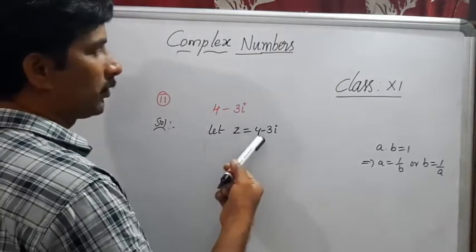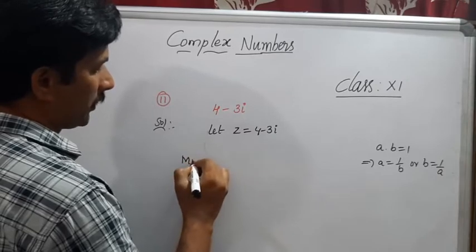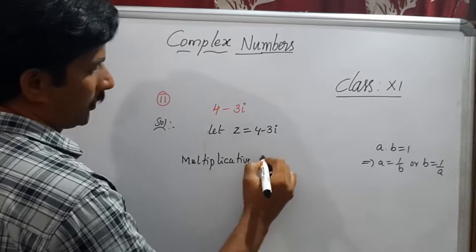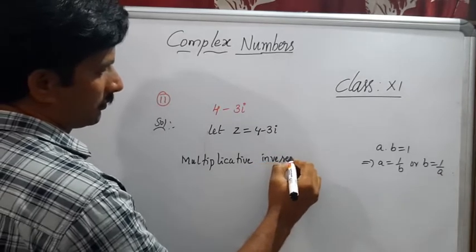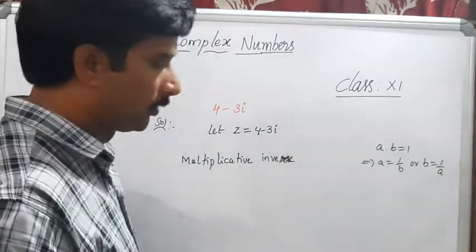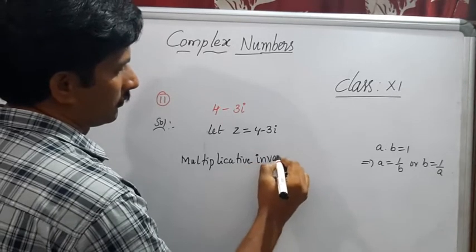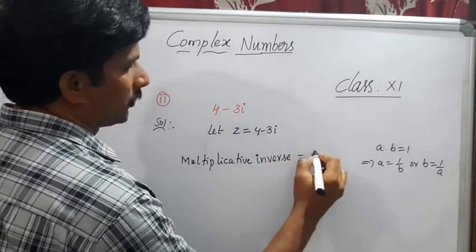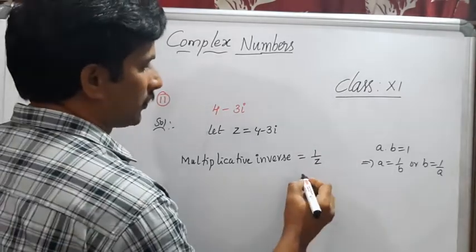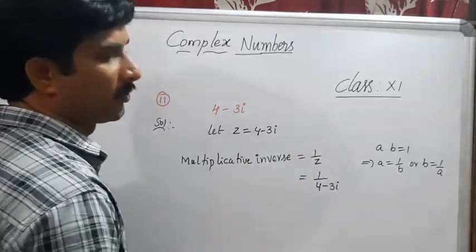So here z is equal to 4 minus 3i, the multiplicative inverse of z is equal to 1 by z. So it's equal to 1 by 4 minus 3i.